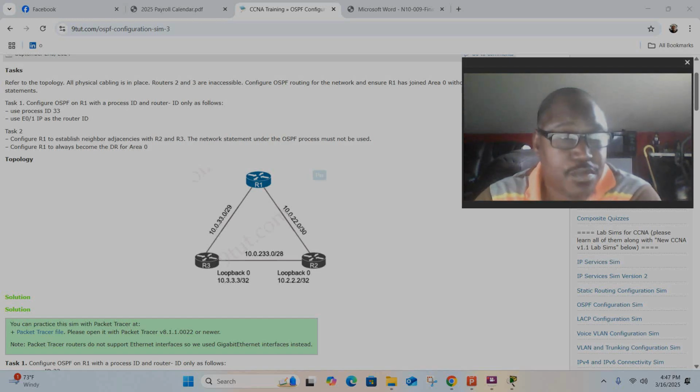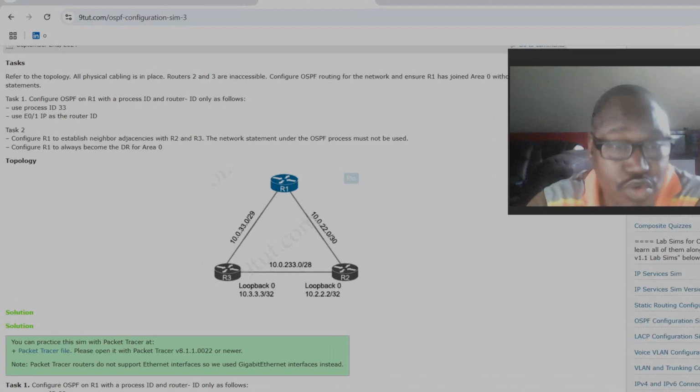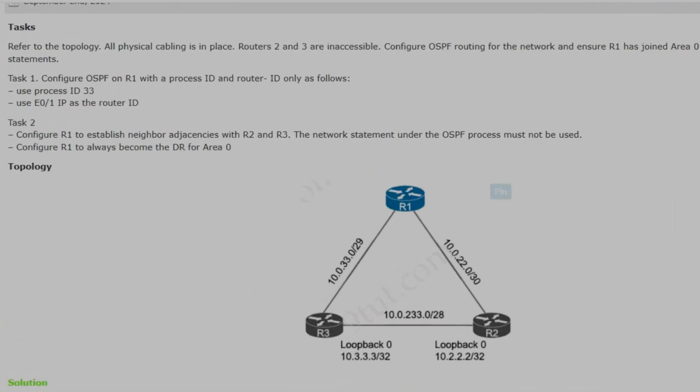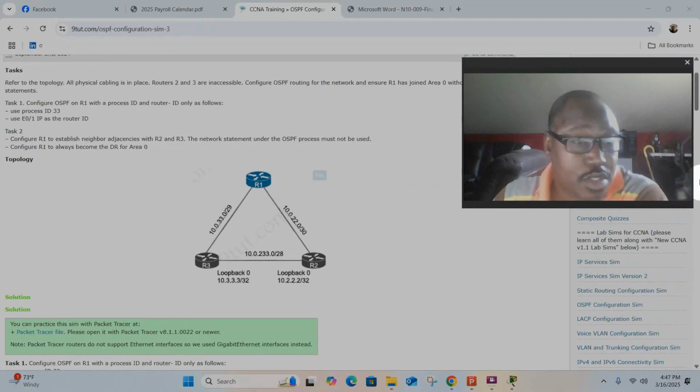So here I have this lab and the instructions, right? And it says all physical cabling is in place. Routers 2 and 3 are inaccessible. Configure OSPF routing for the network and ensure R1 has joined area 0 without network statements.